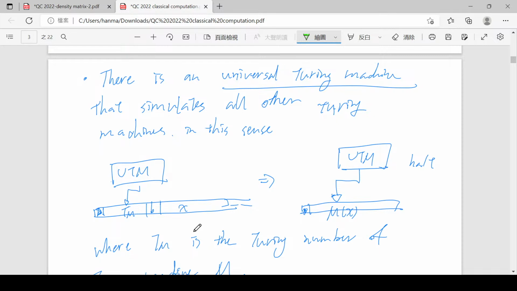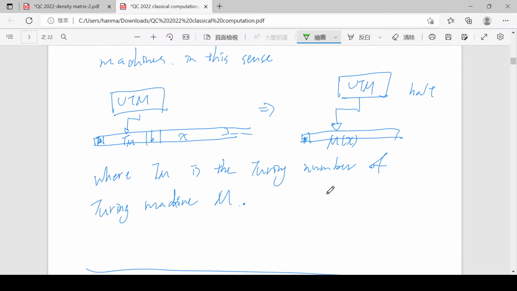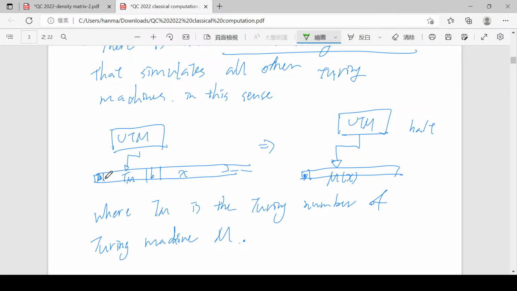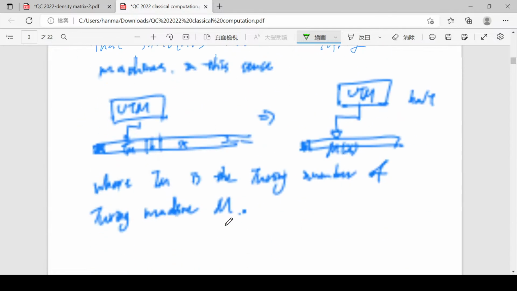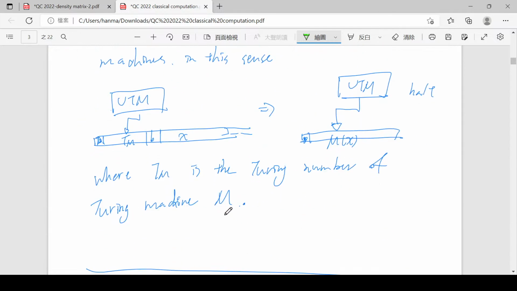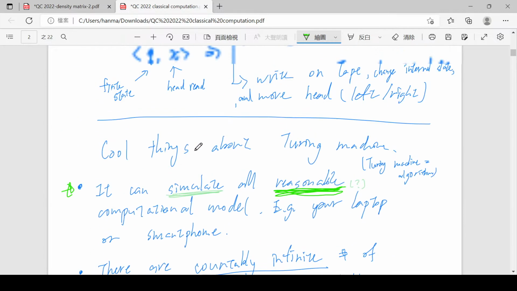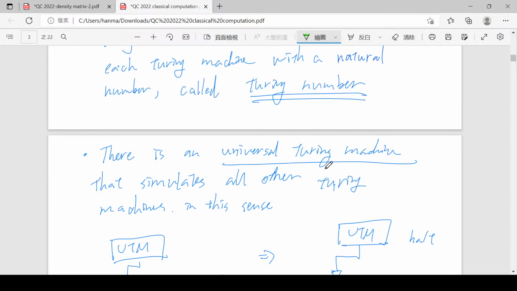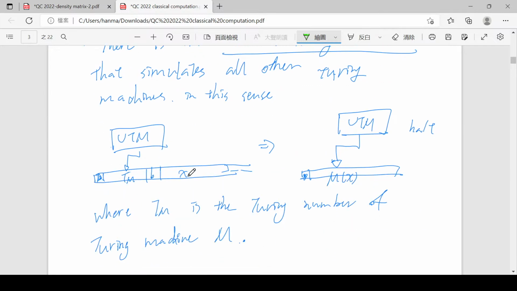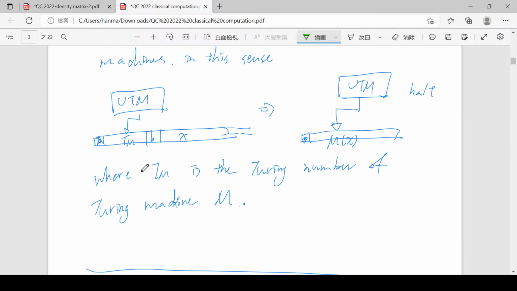Okay. So yeah, and as we said, this Tn here is the Turing number of the Turing machine number m. So this is really cool. You have this universal Turing machine that's possible to do every computation in the universe.